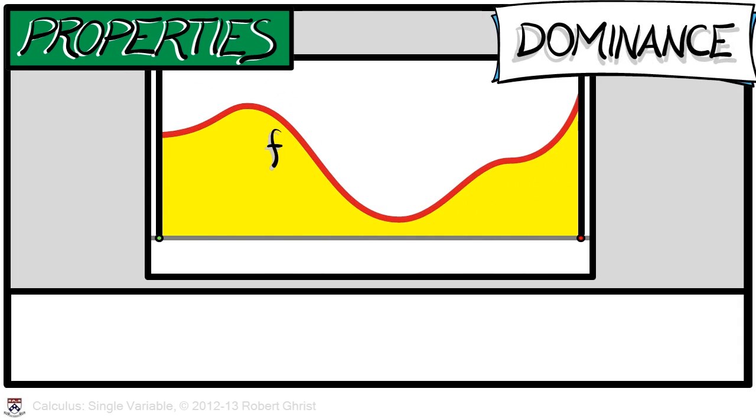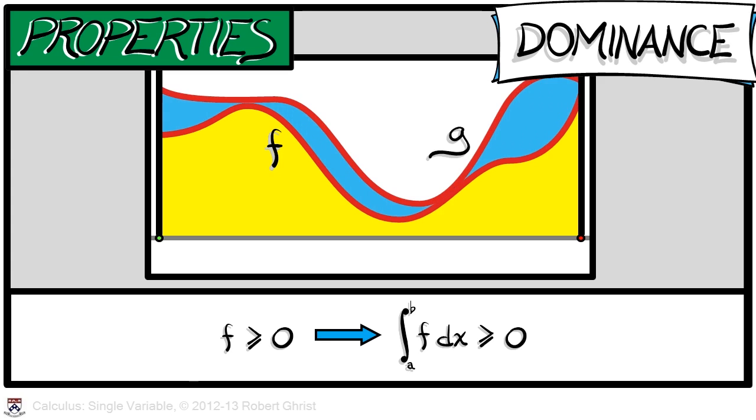The last property we'll discuss is that of dominance. That states that if f is a non-negative function, then the integral of f over an interval is also non-negative. From that follows a slightly less obvious result.